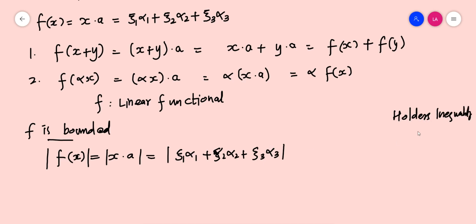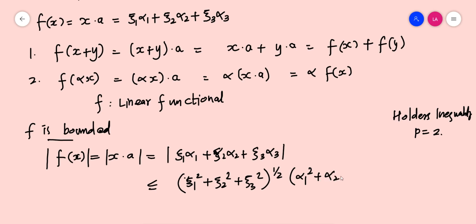if we substitute p and q as 2, this is less than or equal to theta 1 square plus theta 2 square plus theta 3 square, the whole raised to 1 by 2, times alpha 1 square plus alpha 2 square plus alpha 3 square, the whole raised to 1 by 2.